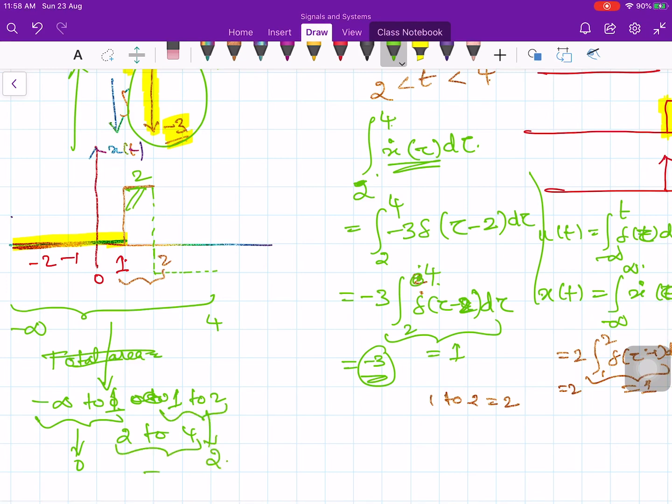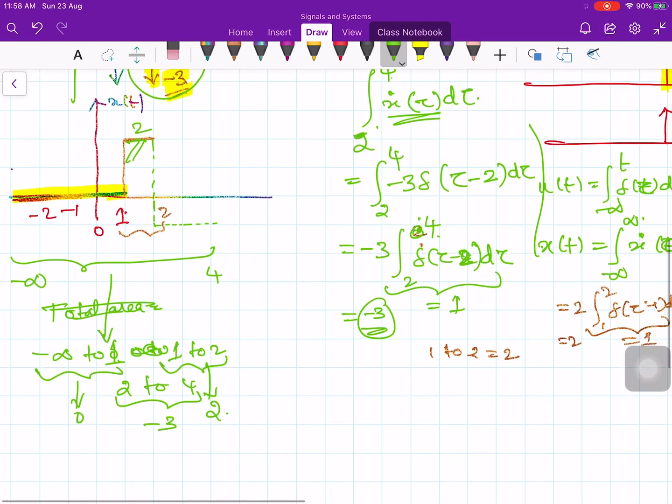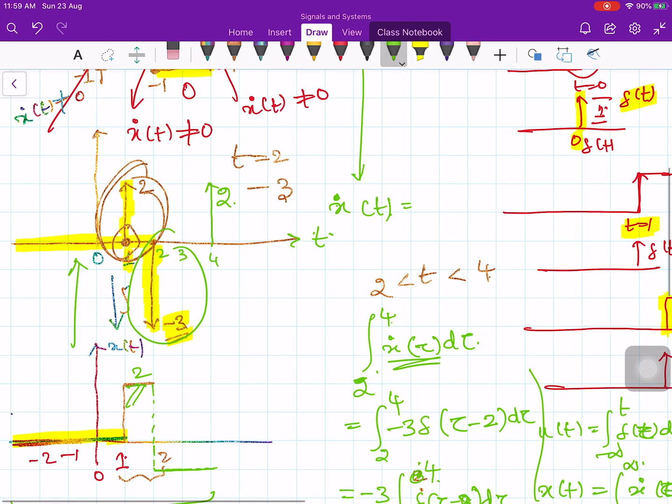So what is the total area now? Total area is 0 plus 2 minus 3, which is equal to minus 1. So at this point I have minus 1. Here also you have minus 1.